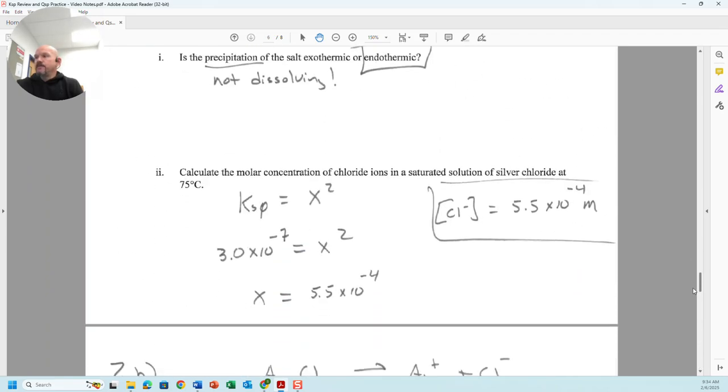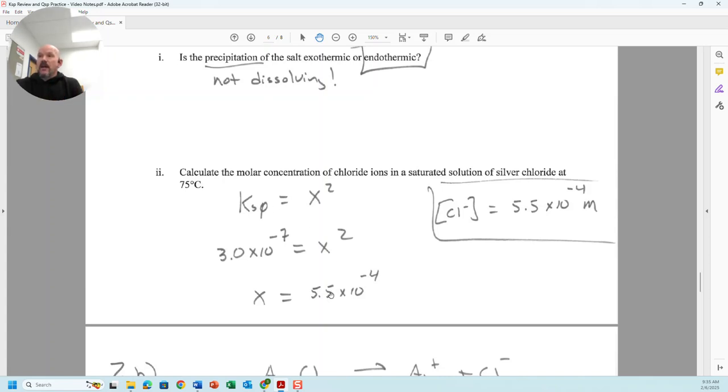And then the last problem is just calculating the molar concentration of chloride ions in a saturated solution at 75 degrees Celsius. So we got to know to use the new Ksp value that they gave us. The Ksp value at 75 degrees Celsius. And it's not a common ion question. It's just, hey, use your Ksp shortcut, solve for x.